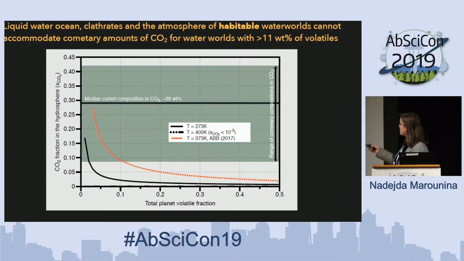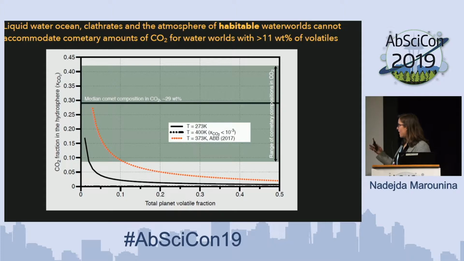Here this range is shown in gray. This figure shows that, first of all, the hot water worlds are the ones that store the most CO2 inside of them. The y-axis here is the total planet volatile fraction, meaning that, for example, this is a planet that accreted 50% of volatiles by mass.